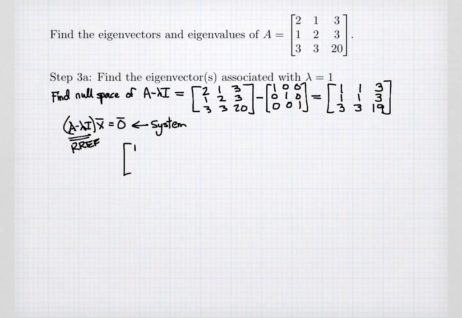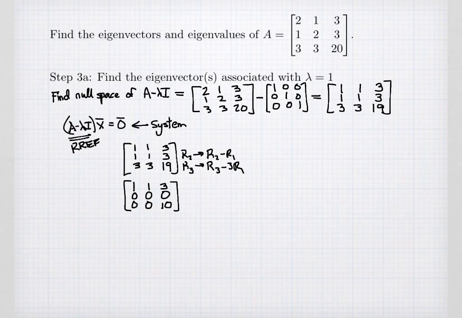Recall that was 1, 1, 3, 1, 1, 3, 3, 3, 19. We'll do row operations. I can start by taking row 2 and replacing it by row 2 minus row 1. And I can take row 3 and turn it into row 3 minus 3 times row 1.